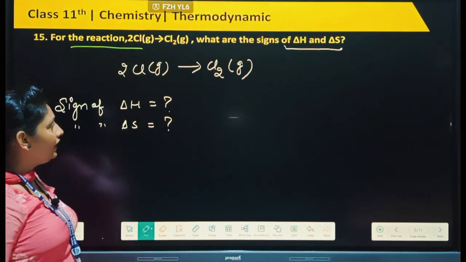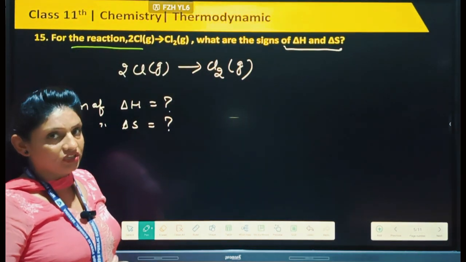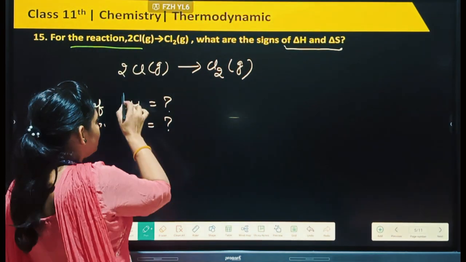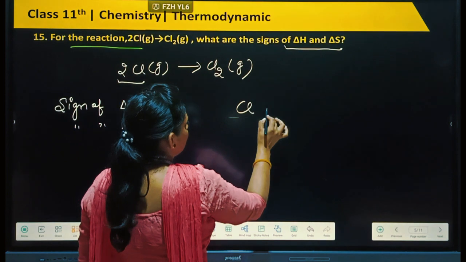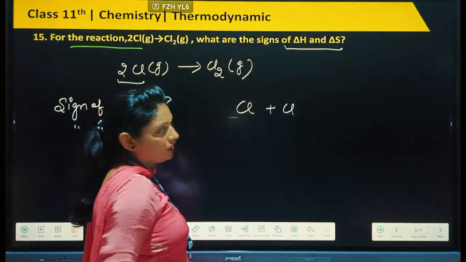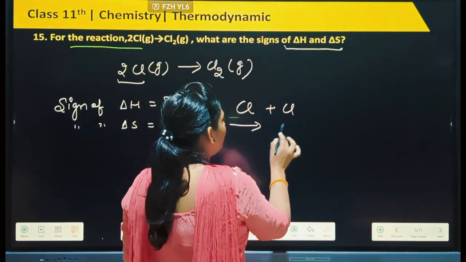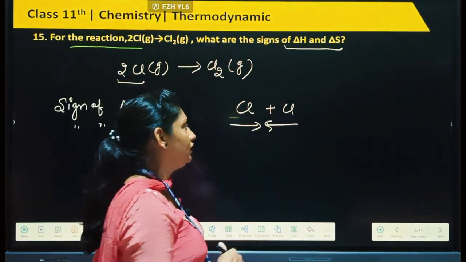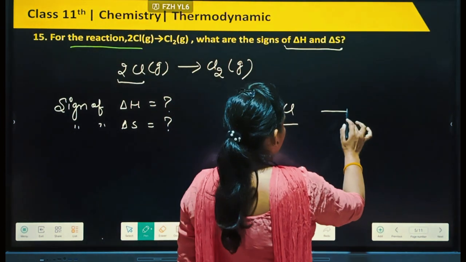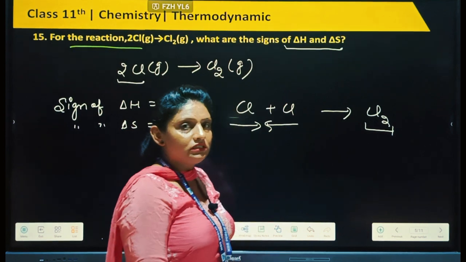Students, del H is the enthalpy change. Try to understand, students. Here 2Cl means we have two atoms of chlorine, so they are colliding and forming a bond between them. By combining, they give us a single molecule.